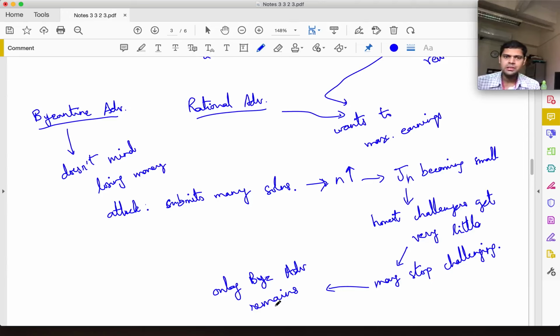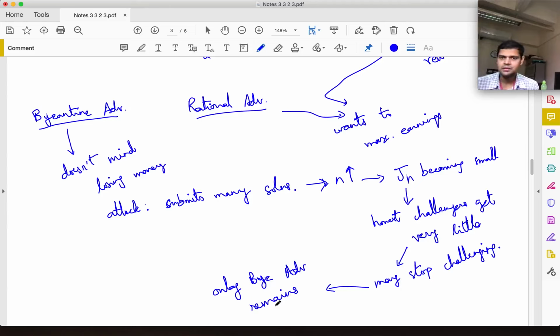So TrueBit is extremely complicated, but because it's so complicated, it has lots of attack surfaces. In fact, in the paper which I have uploaded on Moodle, you can actually see that they look at many different things. What if the task giver colludes with the solver? Or what if the solver colludes with a verifier? What if the challengers form a cartel?